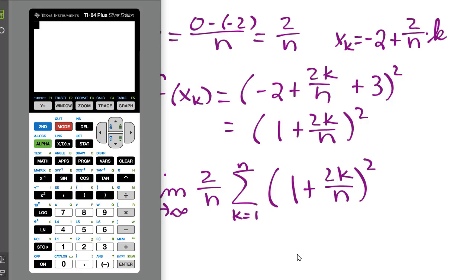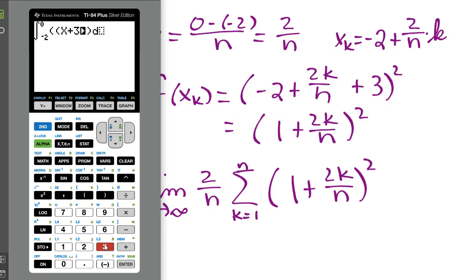First we'll check the integral. So we're doing math, and it's option 9. We want to integrate from negative 2 to 0 of x plus 3, and we're going to want that squared, so let me add some parentheses.